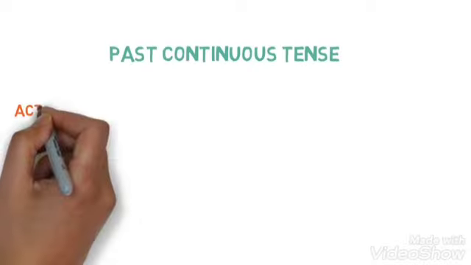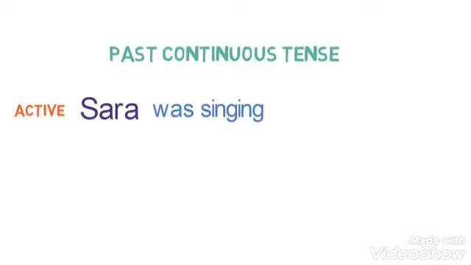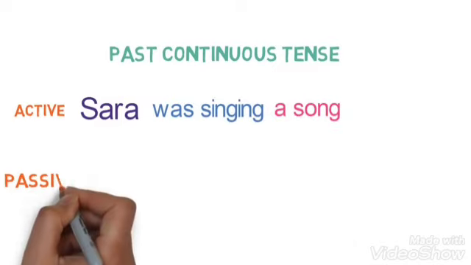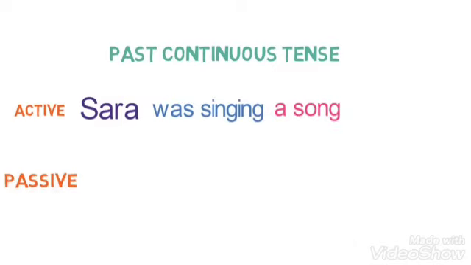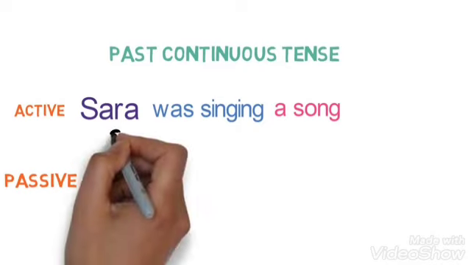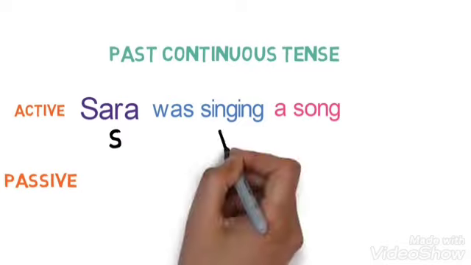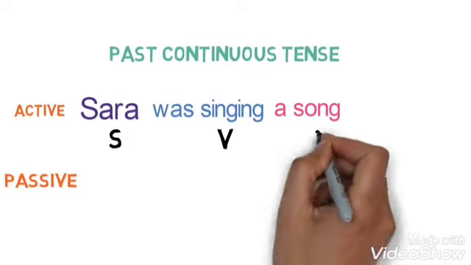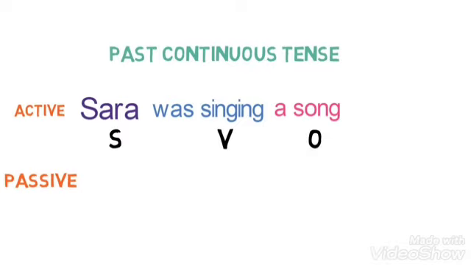Let's go for the next example, past continuous tense. Here the sentence is "Sarah was singing a song." The first one is subject identification, verb and object. Swap subject to object.